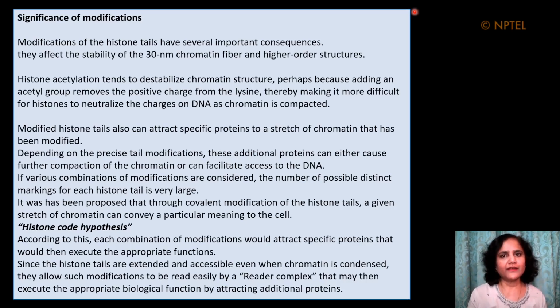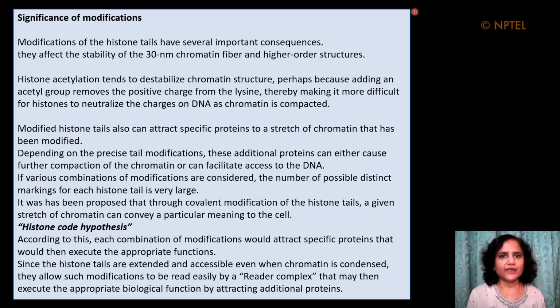The modified histone tails can also recruit specific proteins to a stretch of chromatin that has been modified in a particular way. And depending on the precise tail modifications, these additional proteins can either cause further compaction or they can facilitate access to the DNA of other factors.